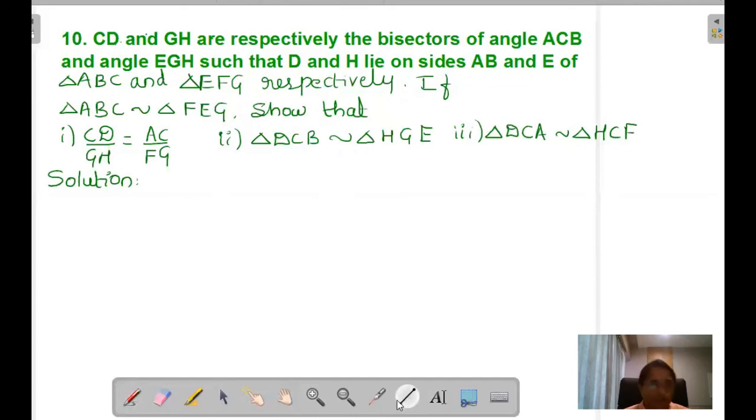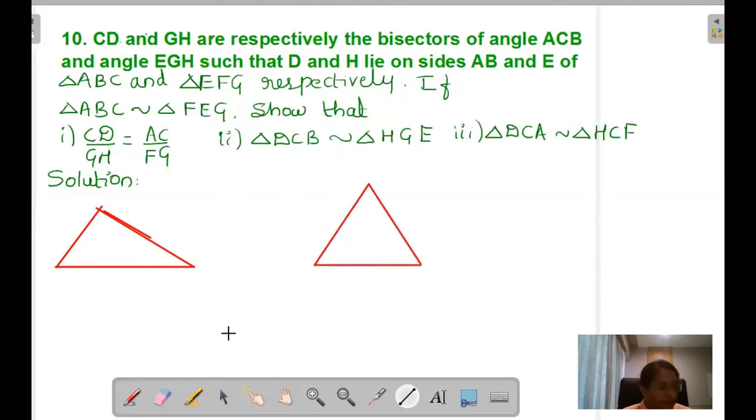First, let us draw the two triangles. This is A, B, C, other one E, F, G.